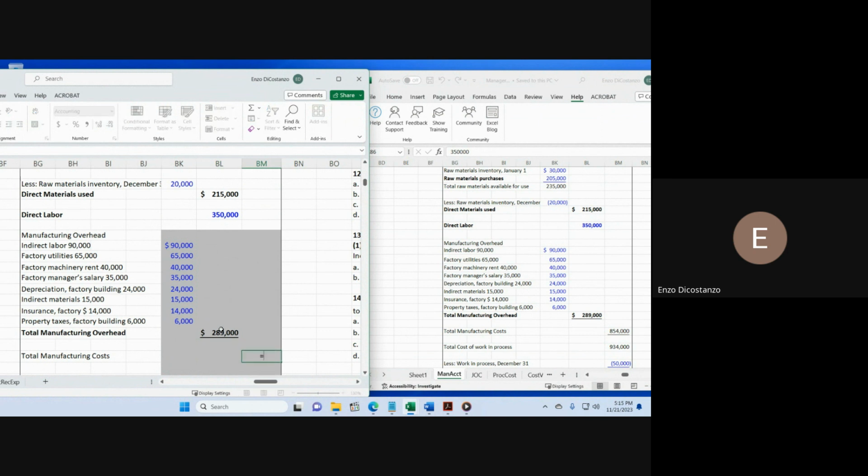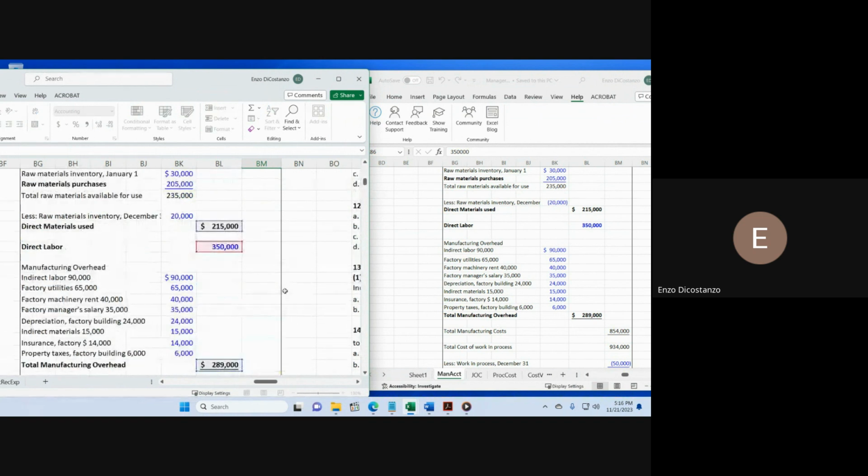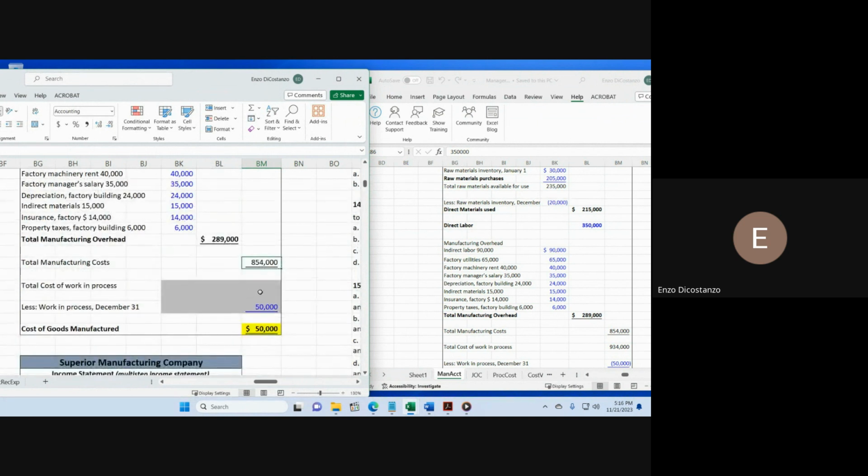So your total manufacturing costs are these three numbers. All right, that's 854,000. 215, 350. Okay, all the manufacturing overheads added up, all that.